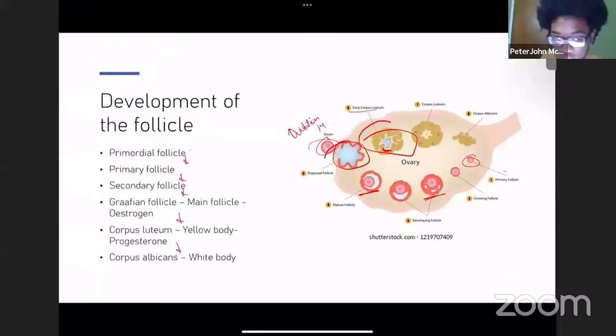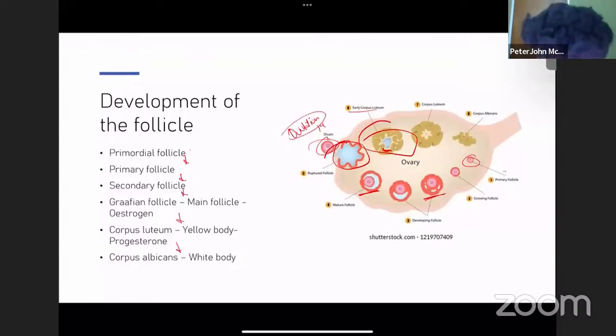Because you have the corpus luteum. Corpus just means body, and luteal means yellow, so it's just a yellow body. The purpose of the corpus luteum is to produce progesterone. So after ovulation occurs, you start getting an increase in progesterone.